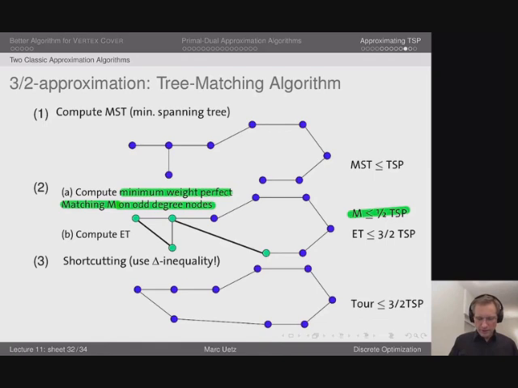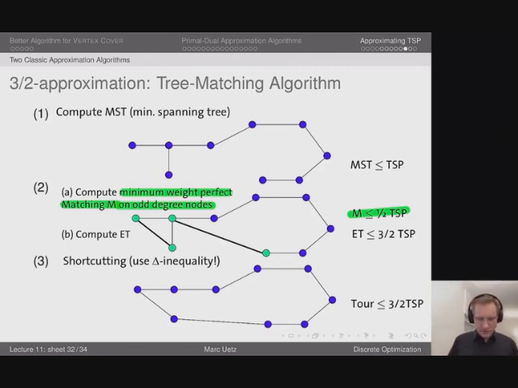So I look at a subgraph which is defined by these 4 vertices and all the edges between them, and on this subgraph I can compute a minimum total weight perfect matching. It will be a perfect matching because the graph was complete and because the number of vertices is even.